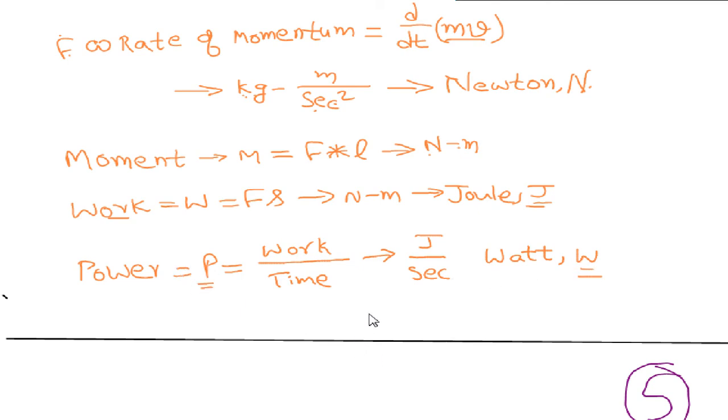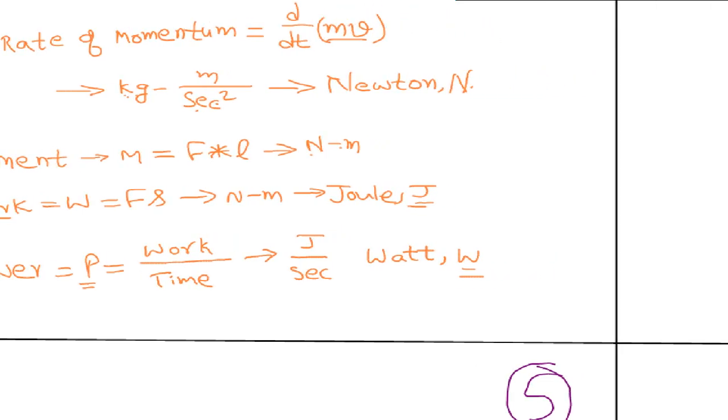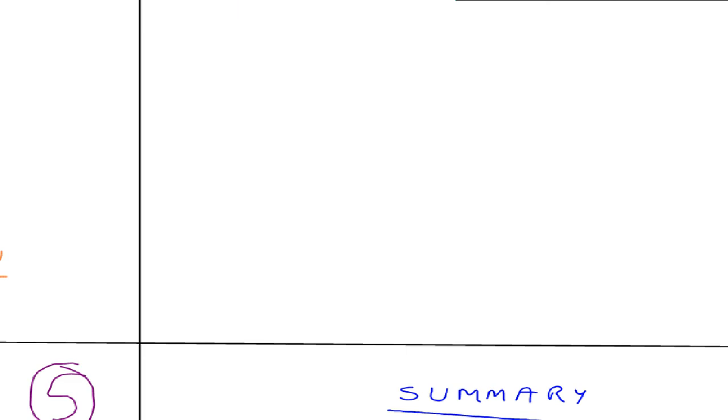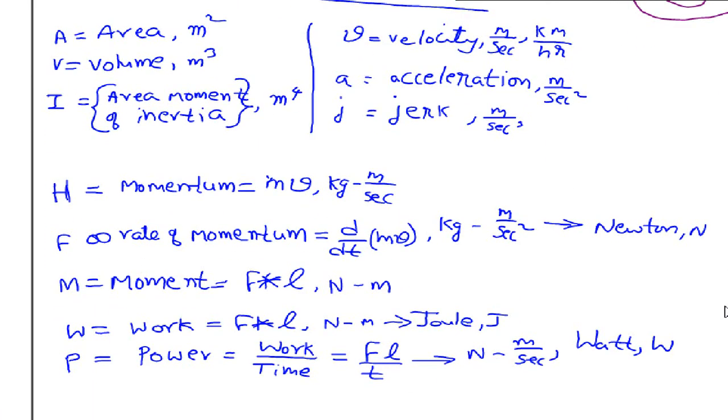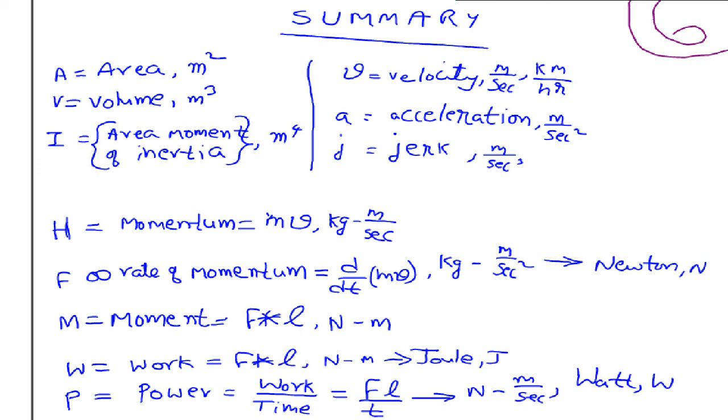We have seen most of the derived units that we deal with in engineering mechanics, so we'll try to give a quick glance of what we have seen, and conclude this lecture.